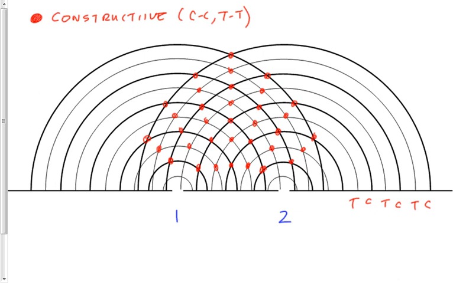But I'm also going to draw in a bunch of green dots, which are going to represent destructive interference. Destructive interference is going to occur when a crest meets a trough. In other words, when a heavy line meets a light, skinny line. Well, here's a crest and a trough. Here's a crest and a trough.